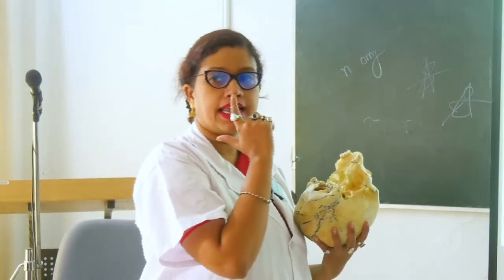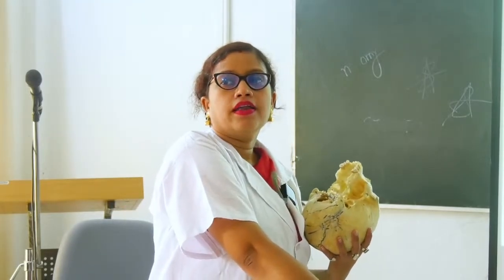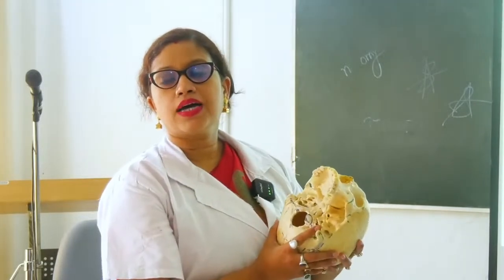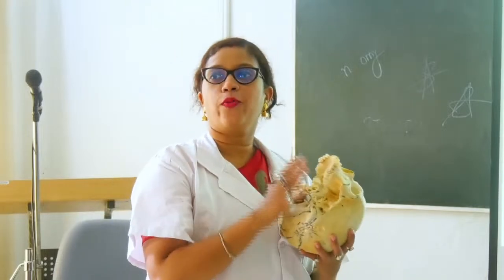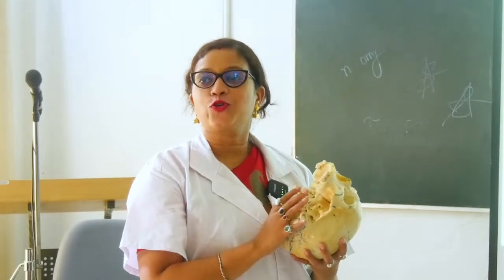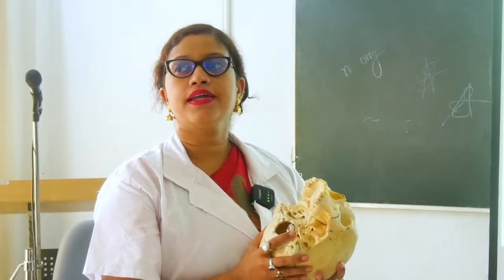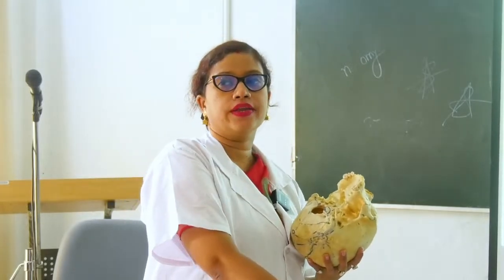Write it down. Internal acoustic meatus, 7 and 8. Now coming to the 9, 10, 11. 9, 10, 11 will pass through the jugular foramen. Once you remember this, the whole base of the skull is over. Okay. So 9, 10, 11 is jugular foramen along with the internal jugular vein. Write it down.